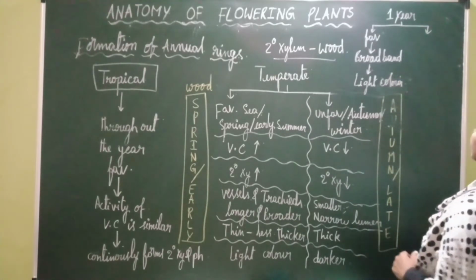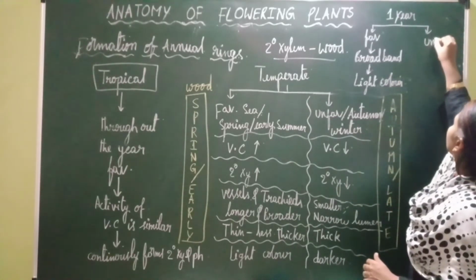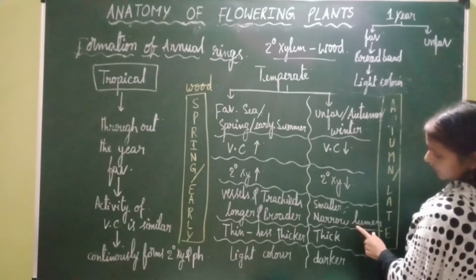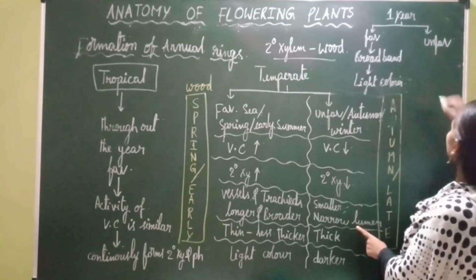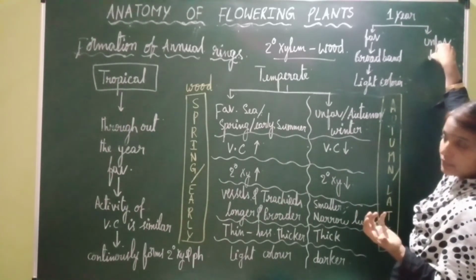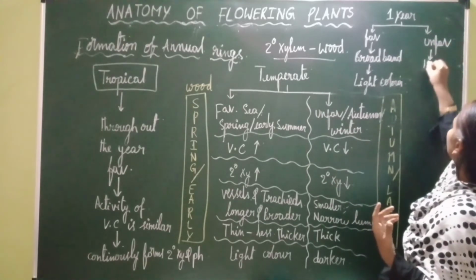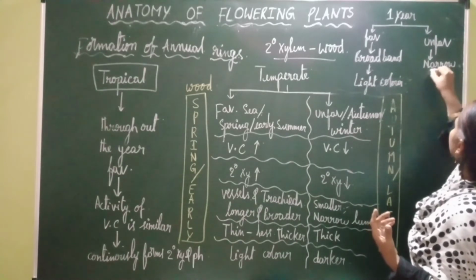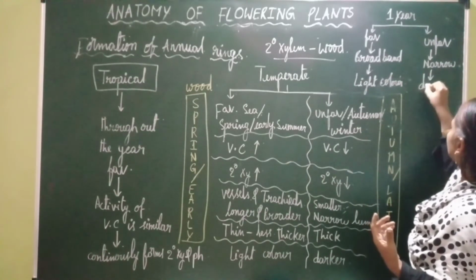And during unfavorable seasons, what is happening? A narrow band is formed, with narrow lumen. So a narrow band of secondary xylem is formed, representing the narrow band of wood, and this narrow band is dark in color.